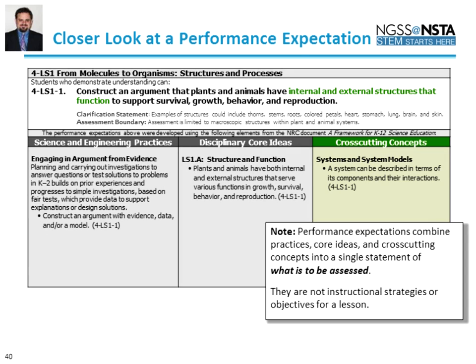And then finally, the cross-cutting concept, that a system can be described in terms of its components and their interactions. So here we have the internal and external structures that function to support, etc. So this one performance expectation provides opportunities to really get a sense of all 3 dimensions and pulls them together.